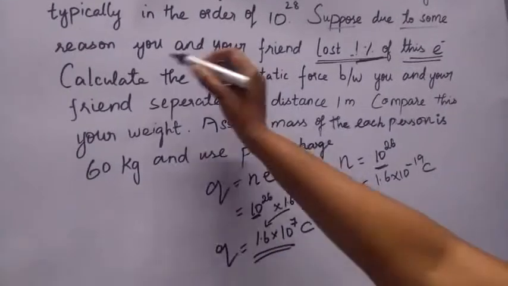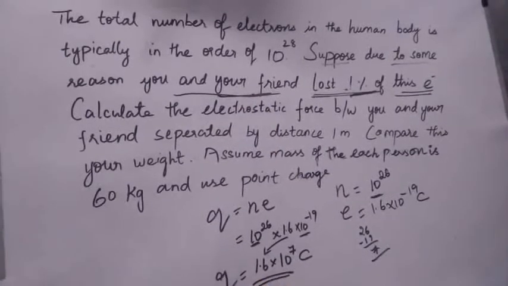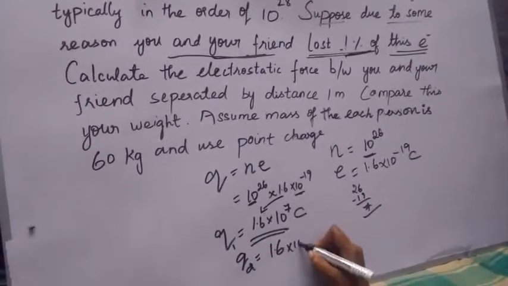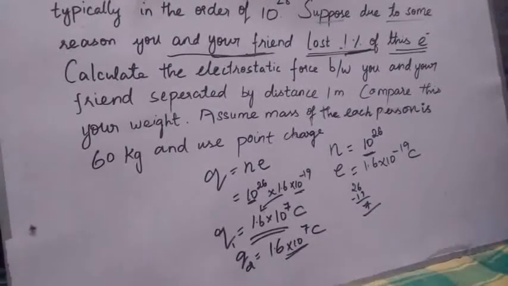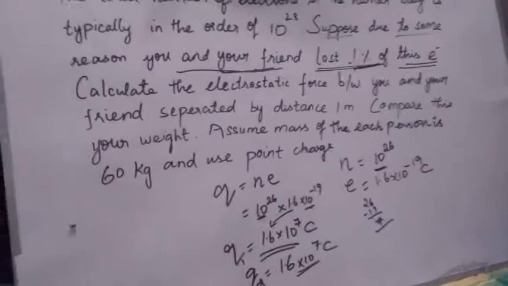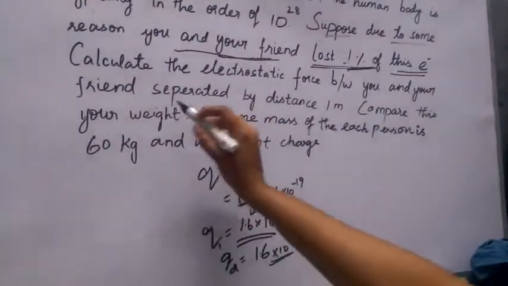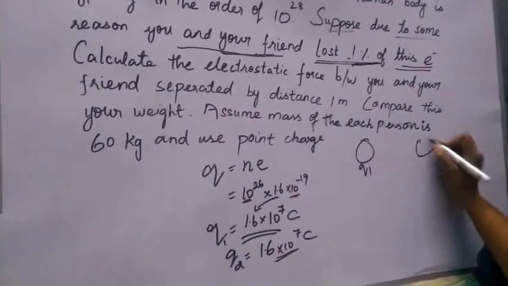This is for you and your friend. That is the charge on person 1 and also the charge on person 2. It is both one and the same, which is 1.6 into 10 to the power 7 coulomb. So they have mentioned here both the persons are separate. Let me take this as person 1 and this is person 2.